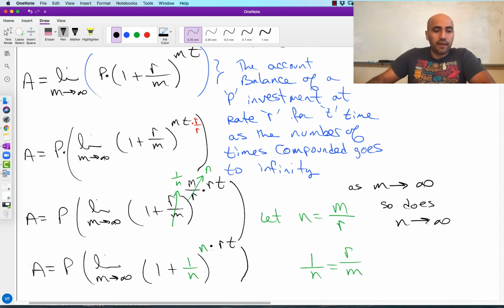All right, so I'm going to come back over here and replace the m with an n. The limit as m goes to infinity of the original statement is equivalent to the limit as n goes to infinity of this new one, once I've made this replacement. Now again, the r and the t have nothing to do with n, so I can rewrite it this way.